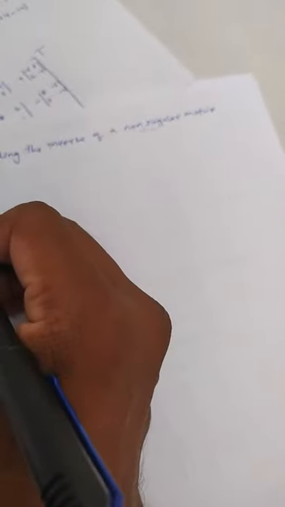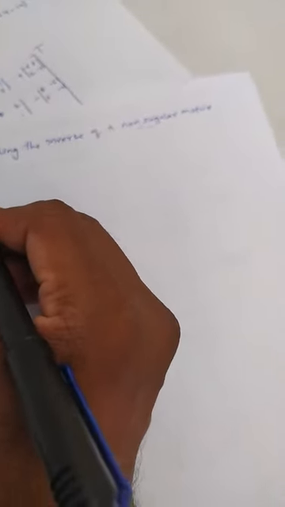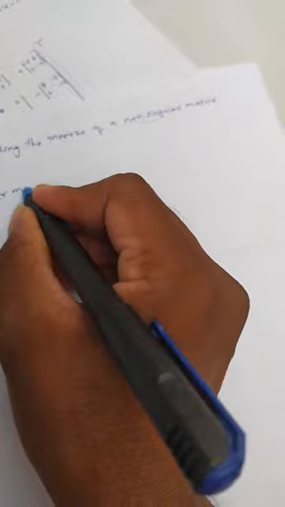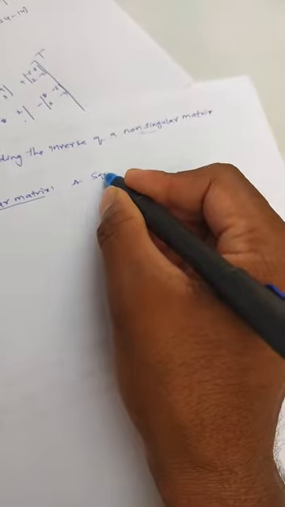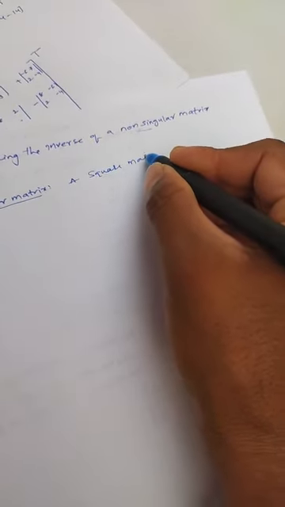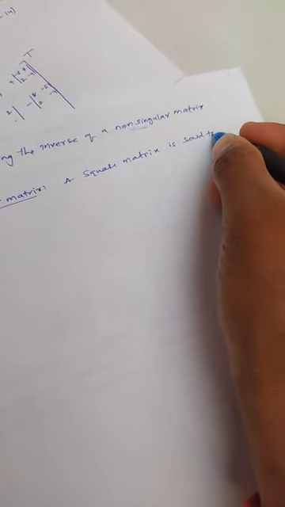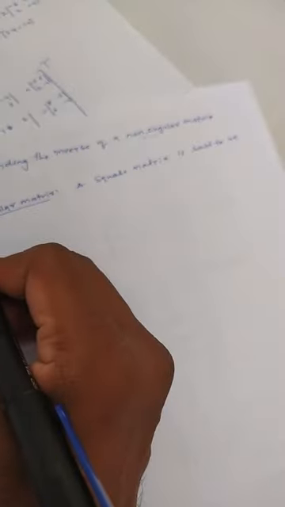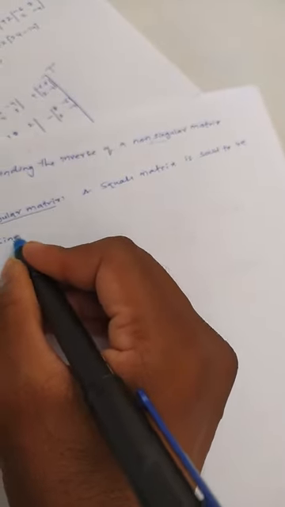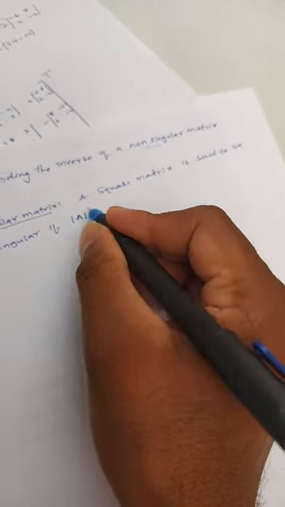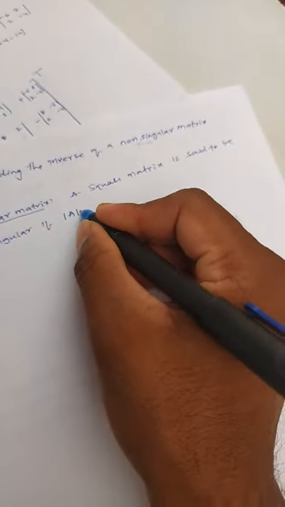First of all, let me explain the definition of a non-singular matrix. A square matrix is said to be non-singular if its determinant, det A, is not equal to 0.